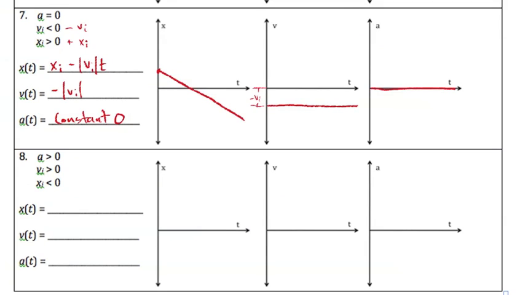Okay. Finally, number 8. Our acceleration is greater than 0, so it's constant positive. Let's pick a positive acceleration and draw it like that. Our initial velocity is also positive. Okay, so our equation is going to be VI plus AT. And good, our acceleration is positive, so that will stay in there as well.